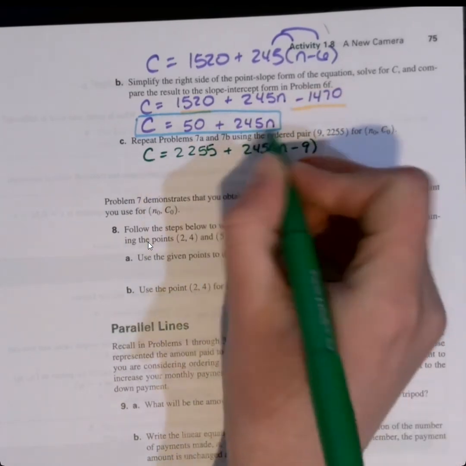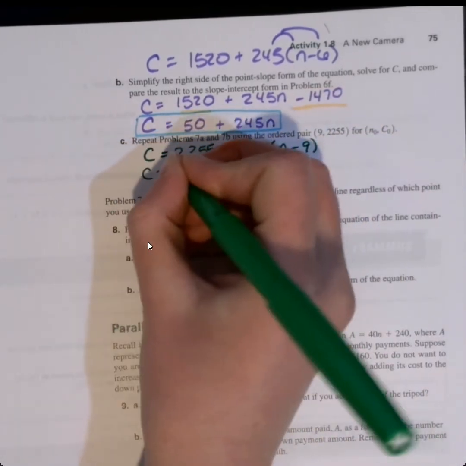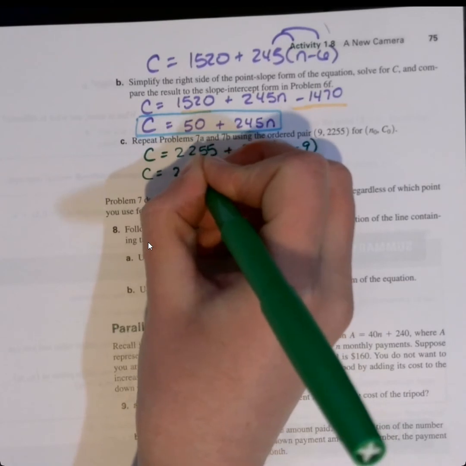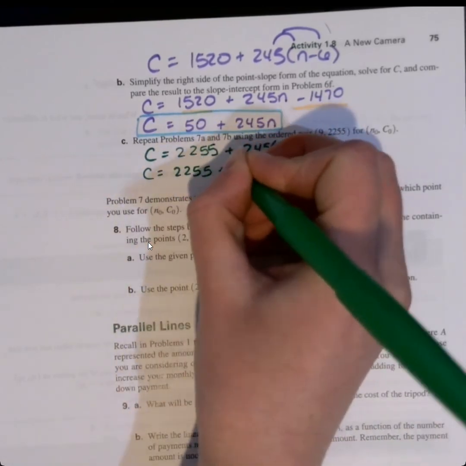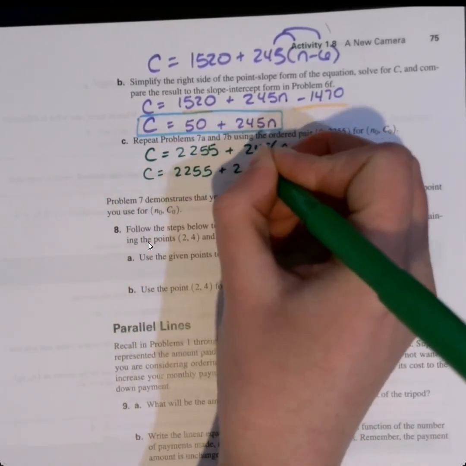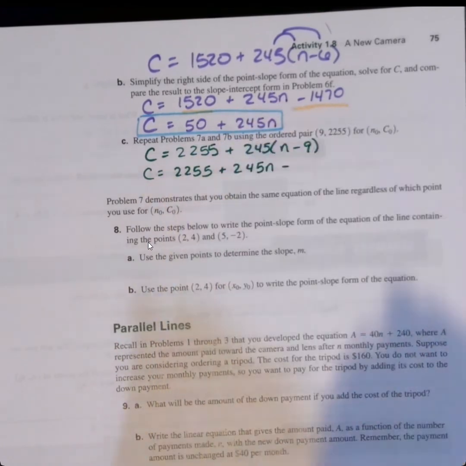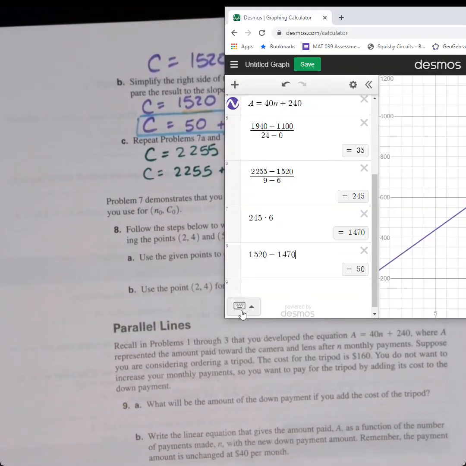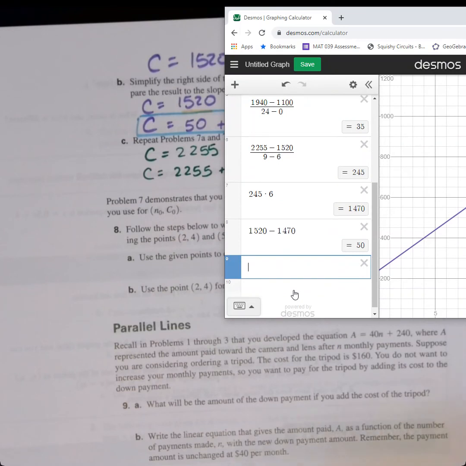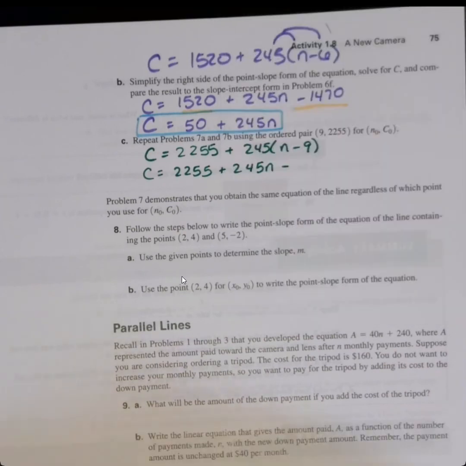We're going to do the distribute here. So still have the C equals 2,255 plus 245n minus, I need to figure out what 245 times 9 is. So 2,205.